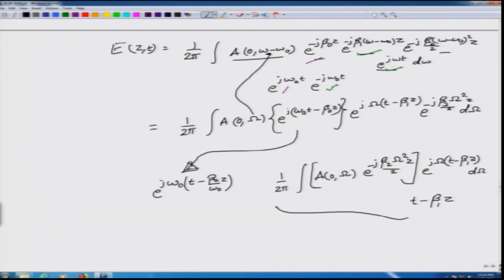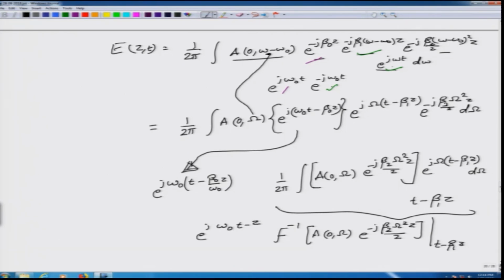This entire term on the right hand side can be written as the inverse Fourier transform of a(0, omega) e to the power minus j beta_2 omega squared z by 2, evaluated at t minus beta_1 z, multiplied of course by the carrier term e to the power j omega_0 (t minus z omega_0 by beta_0).